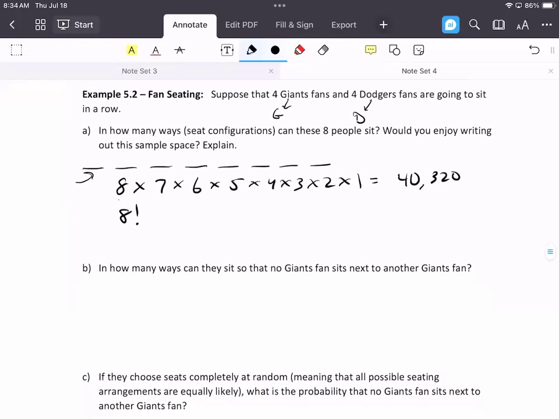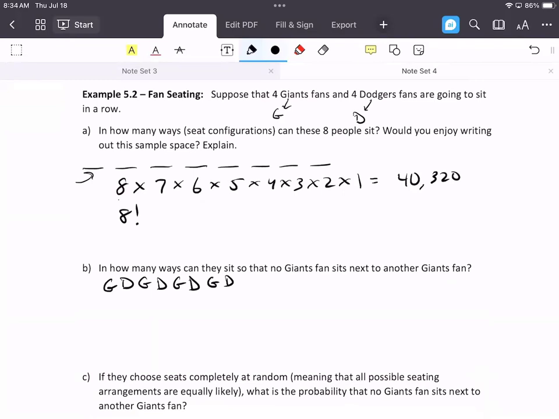Now, in how many ways can they sit so that no Giants fan sits next to another Giants fan? Well, let's think about it. We have 8 seats, and we don't want a Giants fan to sit next to another Giants fan. So we could do a Giant, then a Dodger, Giant, Dodger, Giant, Dodger, Giant, Dodger, and we've got 8 total.